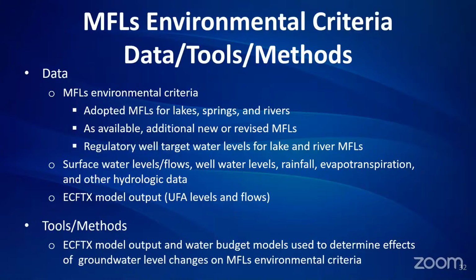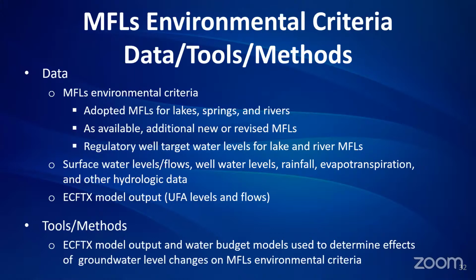As Pete went through, the ECF-TX version 2.0 model is an important source of data for our planning efforts. We're basically linking predictions made by that model with minimum flows and levels to determine what types of effects we might expect to be associated with demands that are projected into the future.